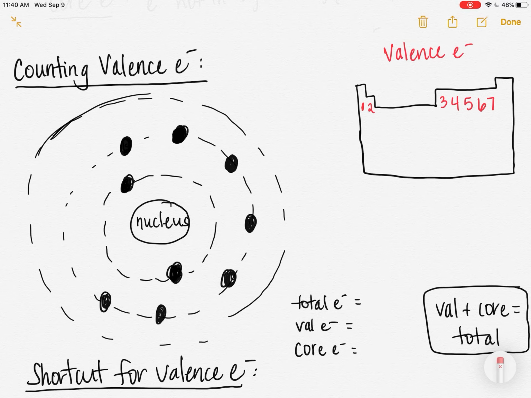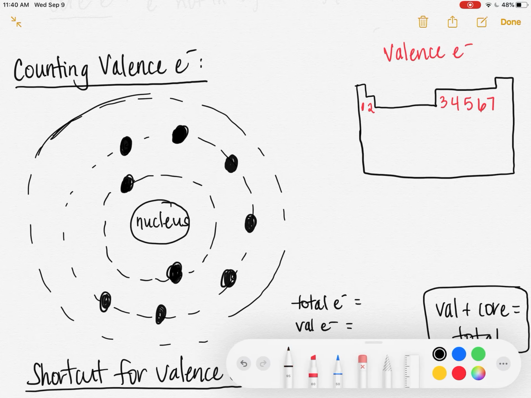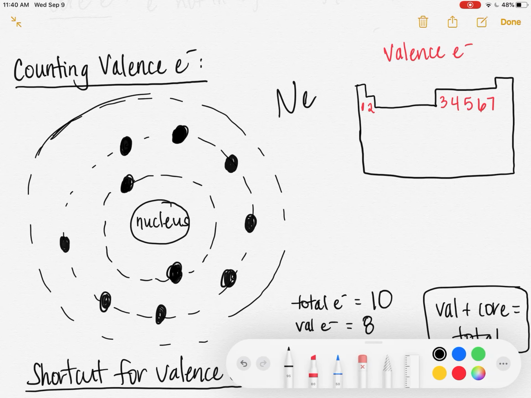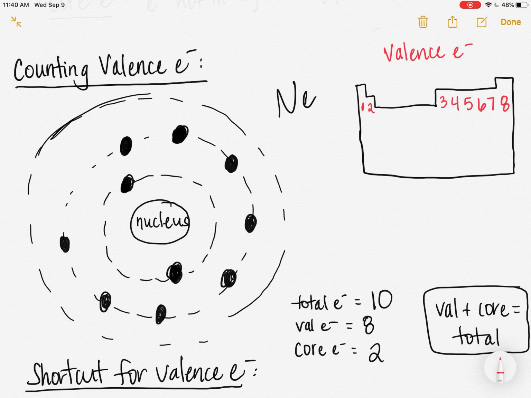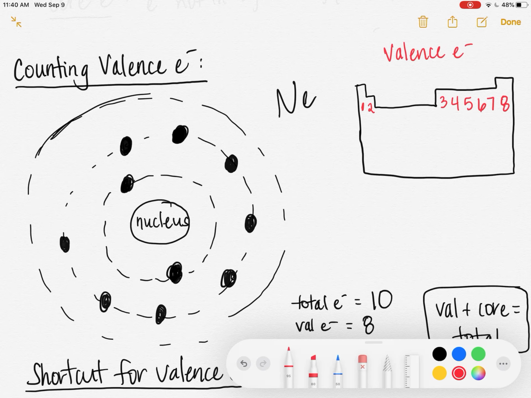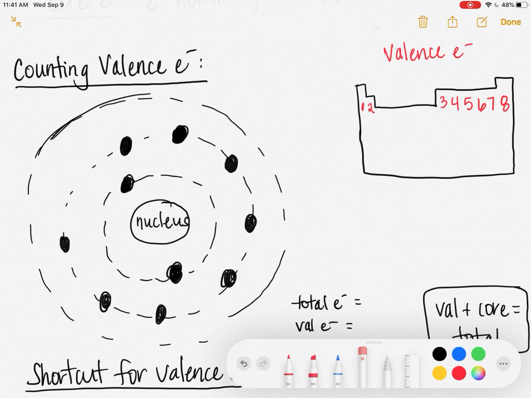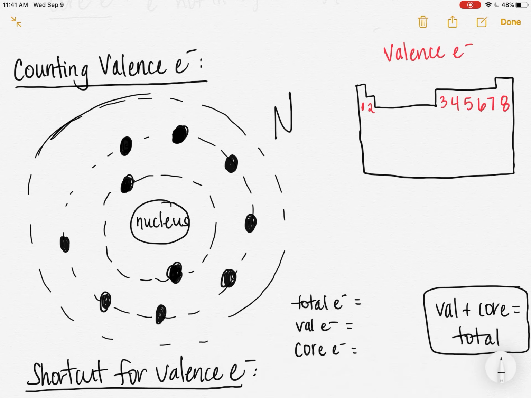So filling in my valence, fluorine with 7, and last but not least across this period of the table would be neon. 10 protons in the nucleus, 10 electrons, 2 in the first level, 8 in the second level, 10 electrons total, 8 valence, 2 core, and we finally round out my period of the table. So I'm sure you can sense a pattern in this table, my valence electrons are increasing by 1 as I go across the table.